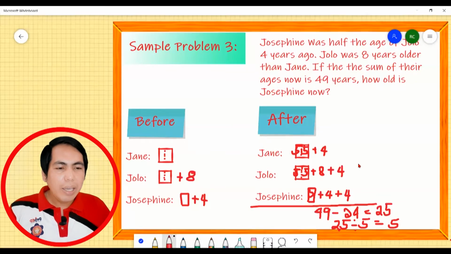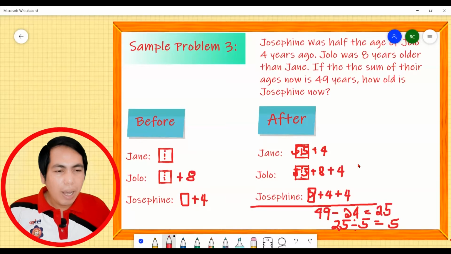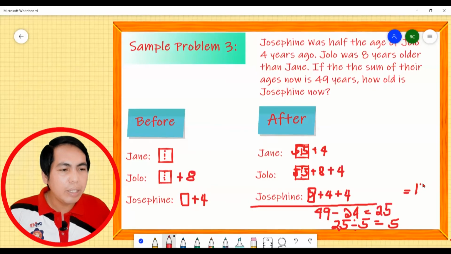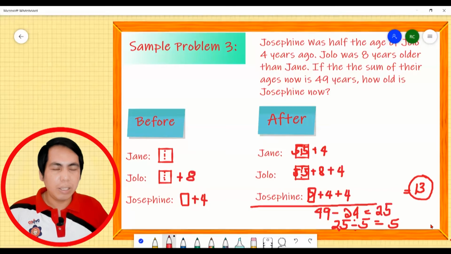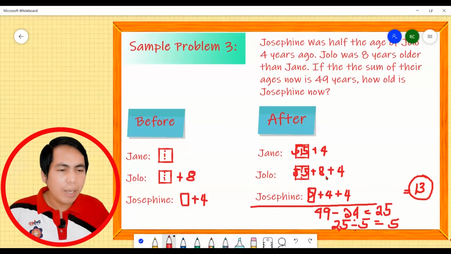So the age of Josephine now is 5 plus 4 is 9 plus 4 is 13 years old. So Josephine is 13 years old. How about Jolo? Jolo is 5 plus 5 is 10 plus 8 is 18 plus 4 is 22. While Jane is 5 plus 5 is 10 plus 4 is 14.